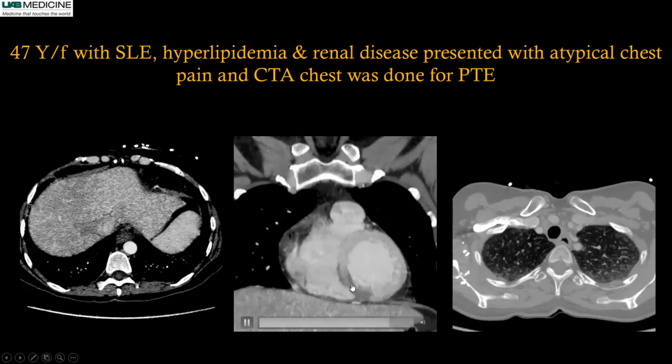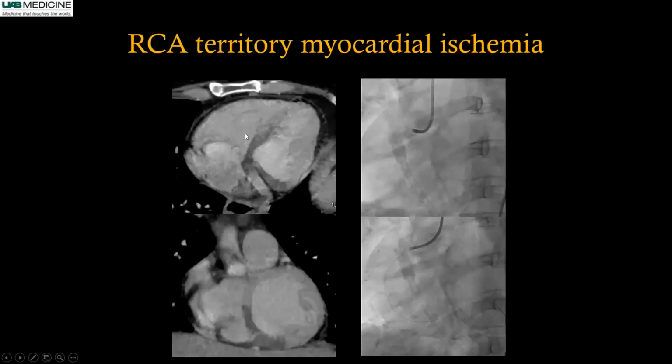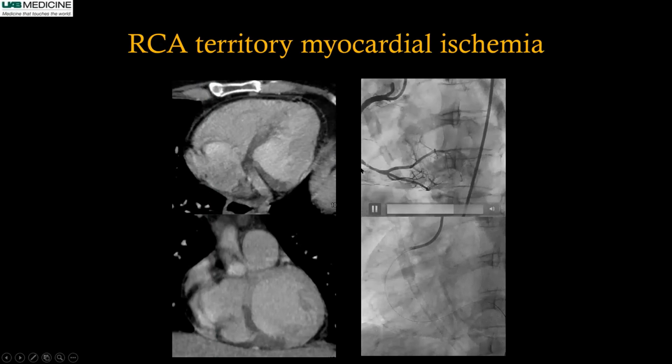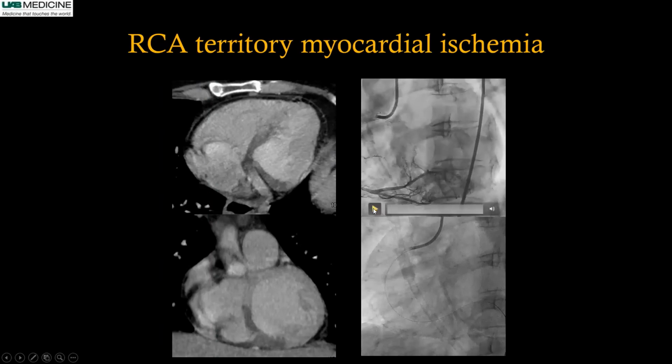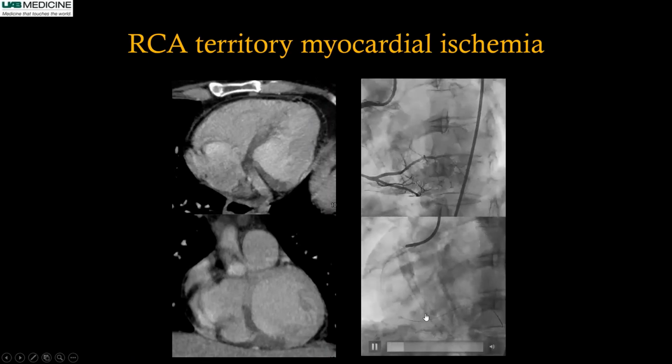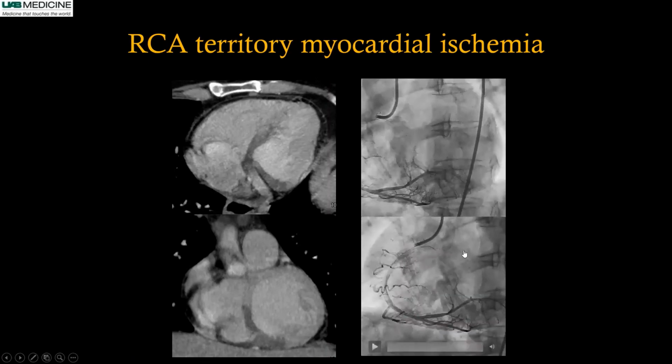In this case, it is not. So based on these findings, this is a classical RCA territory myocardial infarction or ischemia. She underwent CTA, and of course, there was a very tight stenosis in the distal LAD before the bifurcation, and she was stented, and she did well.